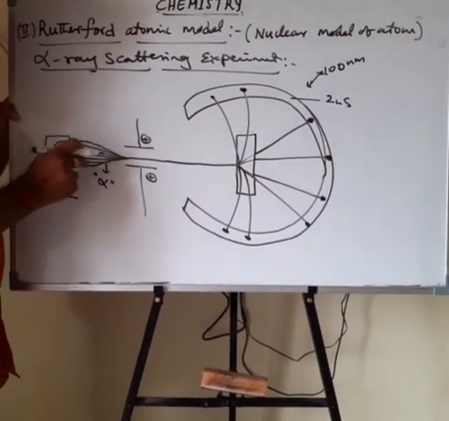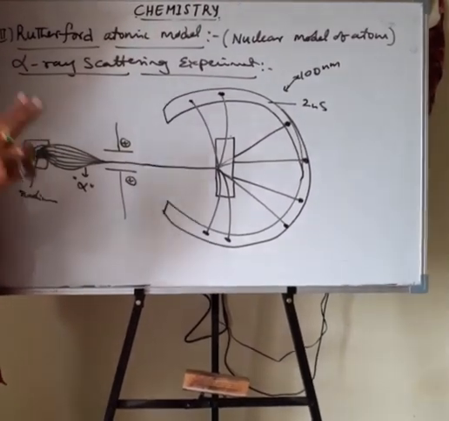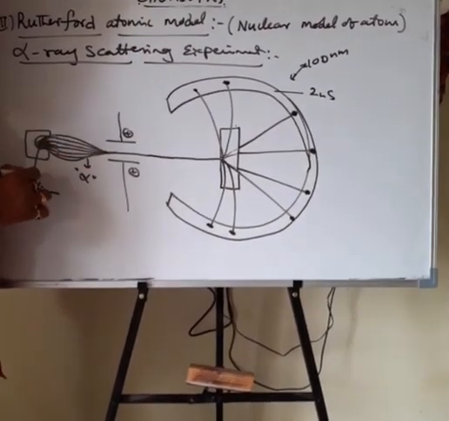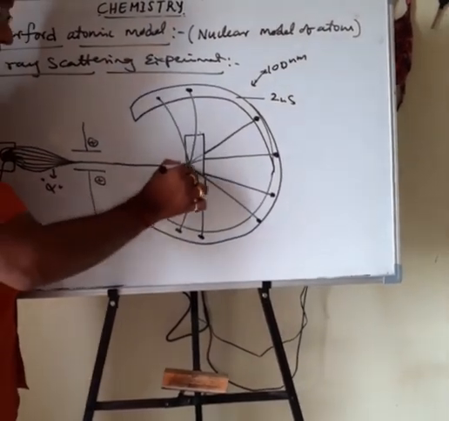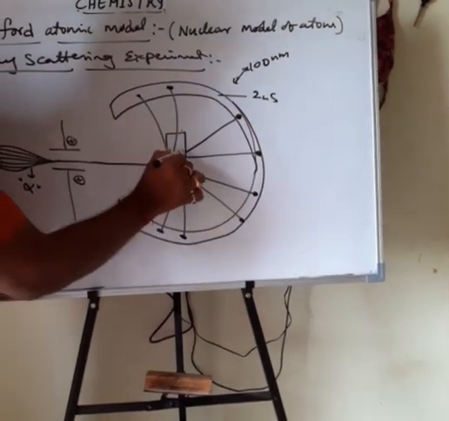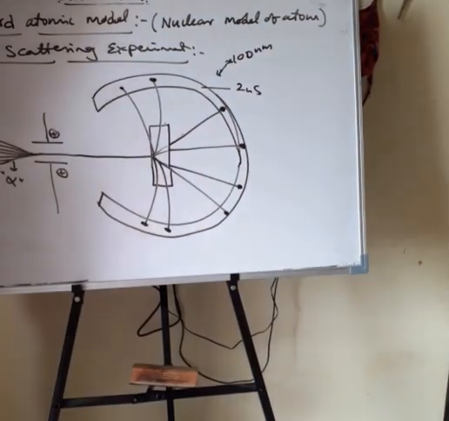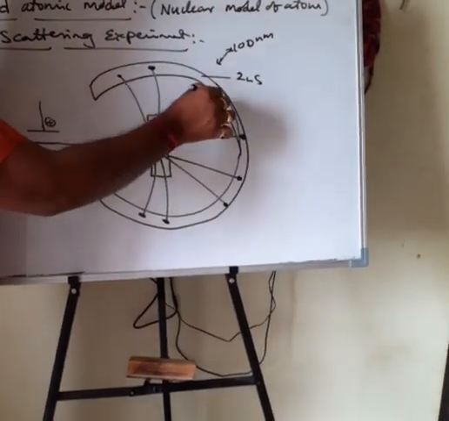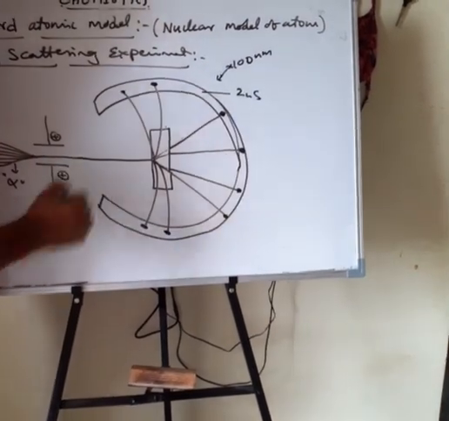They are condensed to a narrow beam by two positively charged parallel plates and directed toward the thin gold foil. The transmitted alpha particles strike the zinc sulfide screen, and there the bright color spots are developed.